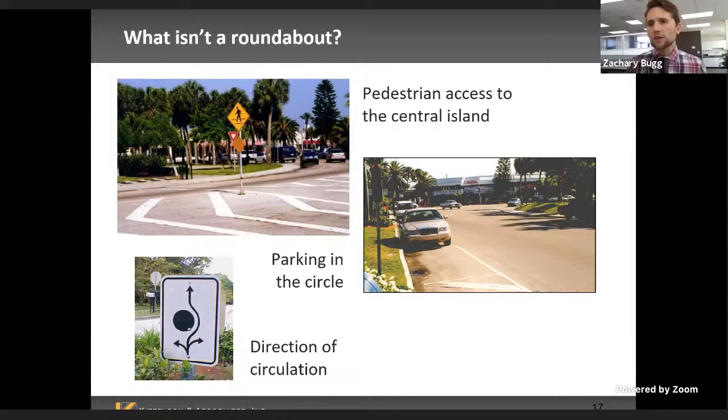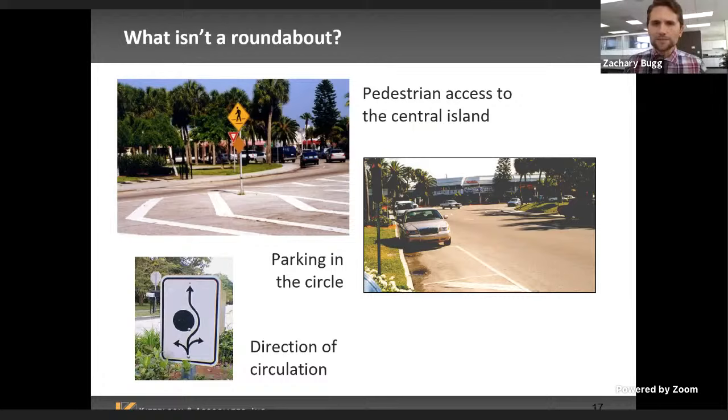Now we push the crosswalks to the approach legs so that you're allowing cyclists, pedestrians, and all the other users to cross the approach legs and circulate around the outside of the roundabout.